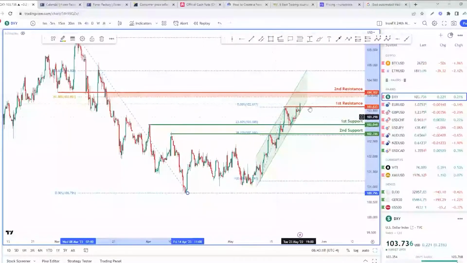All right, this is how we can use the horizontal support and resistance levels, line them up with Fibonacci retracements, and then use these levels to identify potential trade setups, be it reversals or breakouts. Okay. And then this is how you would identify potential take profit areas, right?